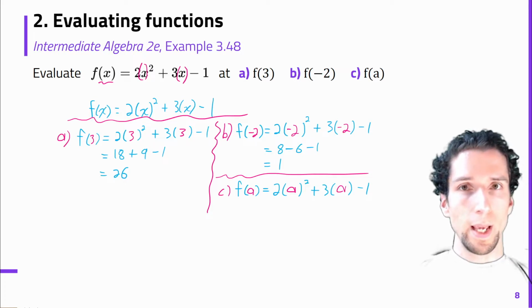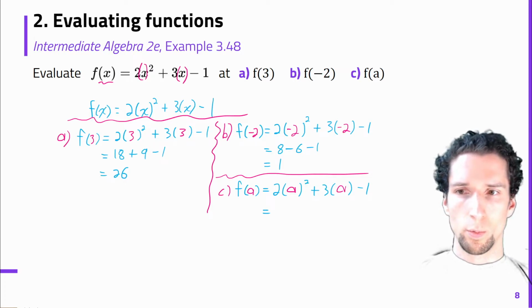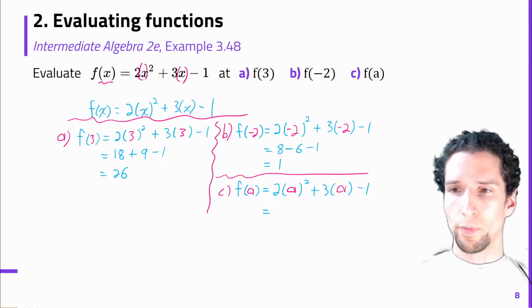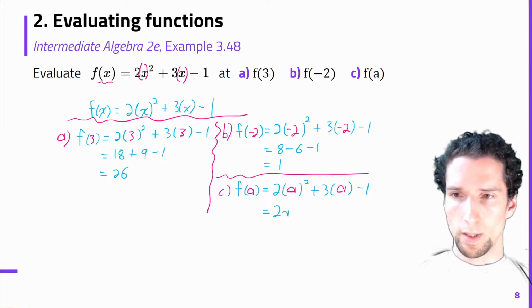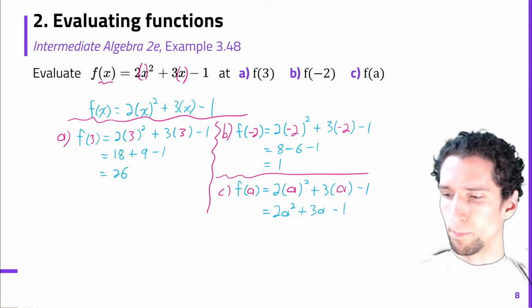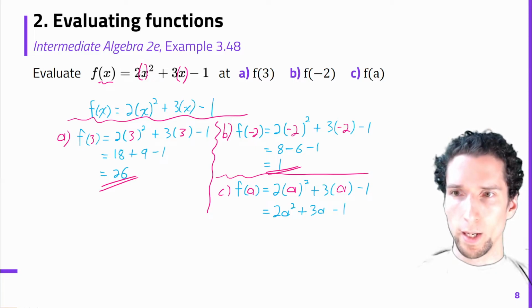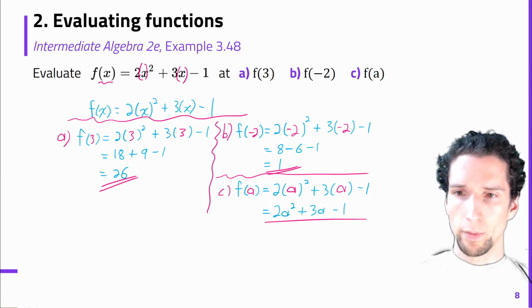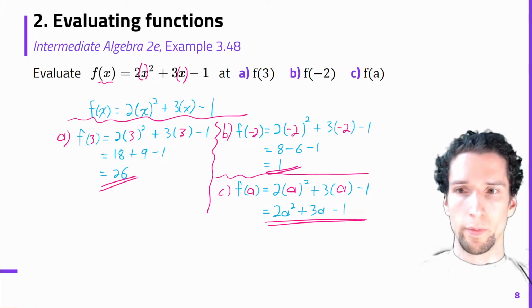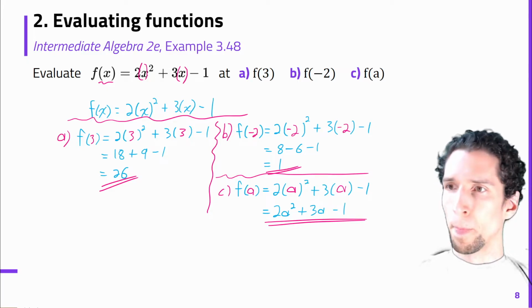And we actually can't do anything here because we don't know what a is. We can't simplify this. So we can just rewrite without these brackets because they're not necessary anymore. Plus 3a minus 1. That's it. So there is f at 3, f at -2, and f at a. We've evaluated all 3 of those.